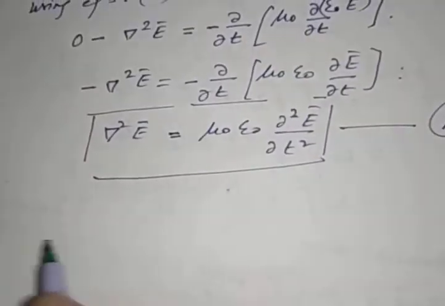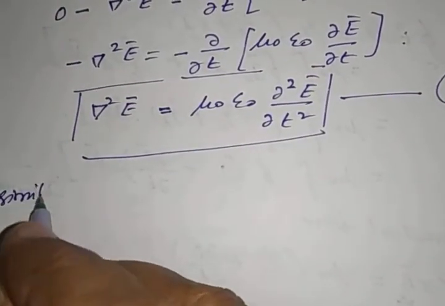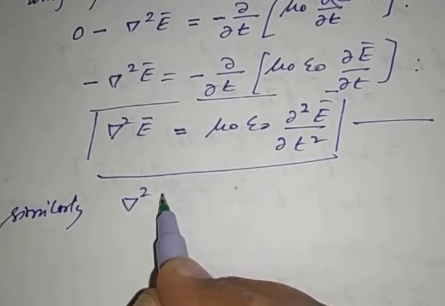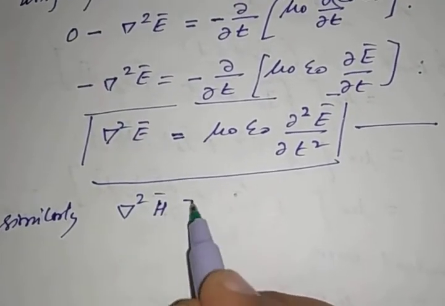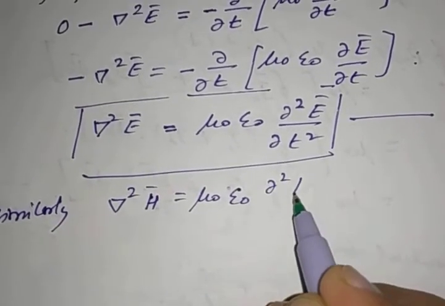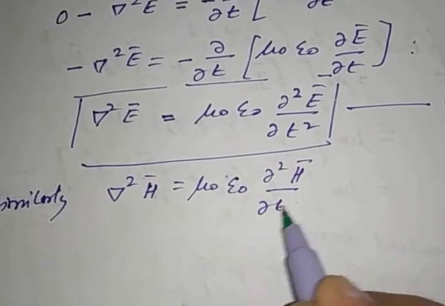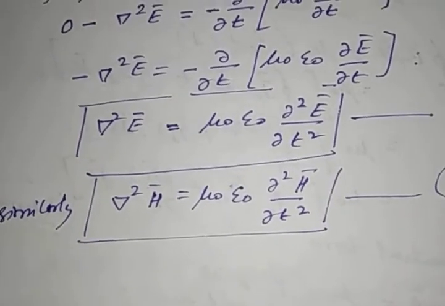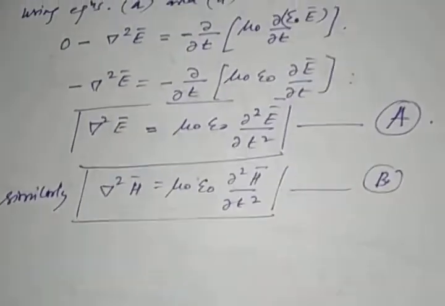So in the same manner we will get del 2H is equal to mu naught epsilon naught del 2H by del t square. The second equation we got.